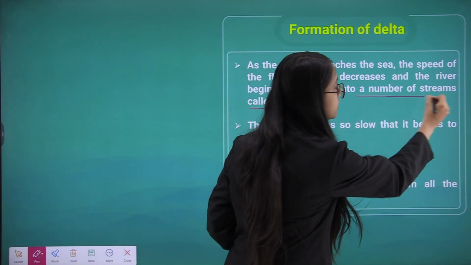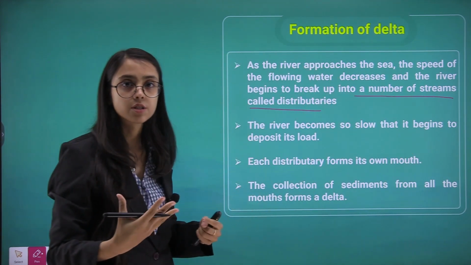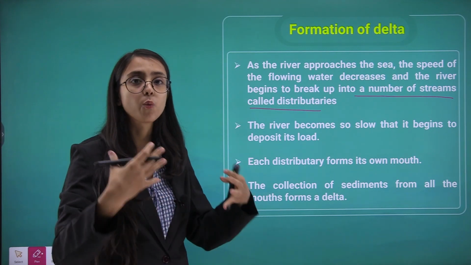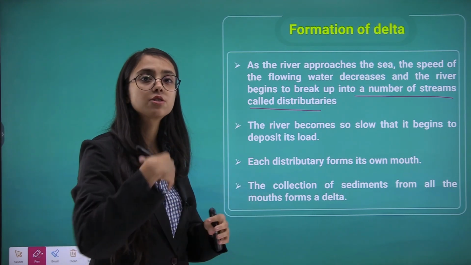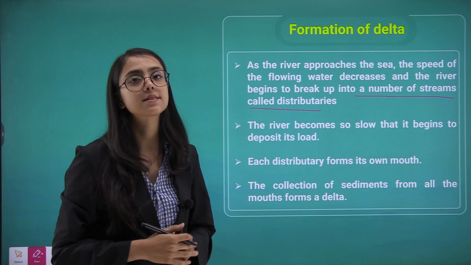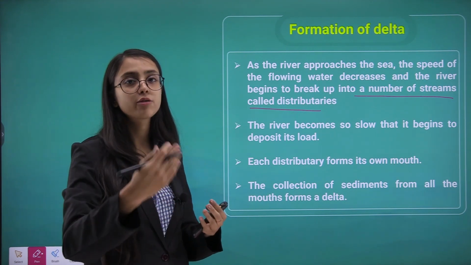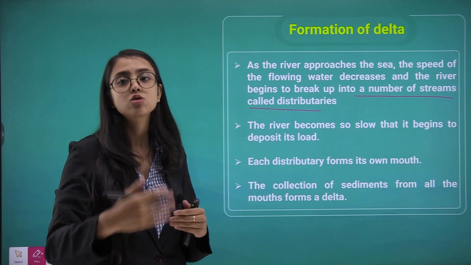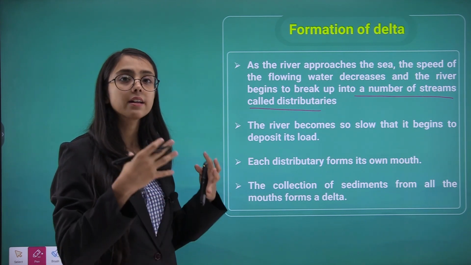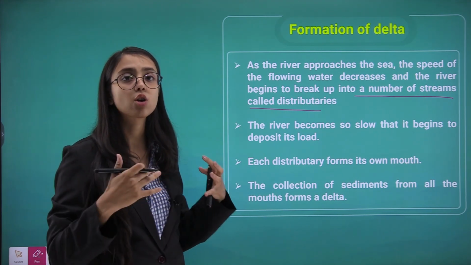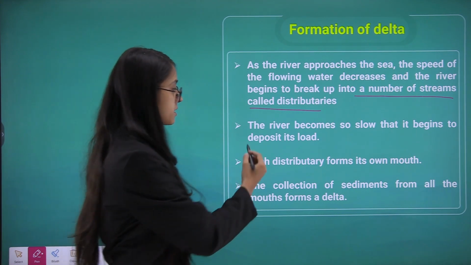So the small streams formed when a river is approaching the sea are known as distributaries. The speed of the flowing water becomes slower and slower, and it carries a lot of deposits with it.